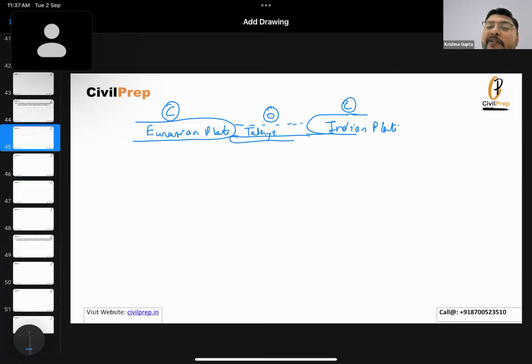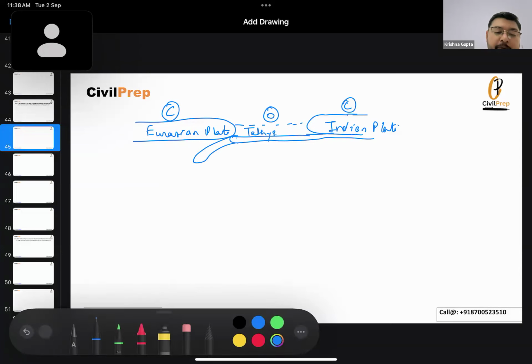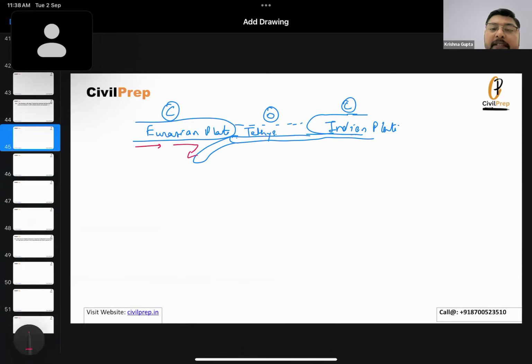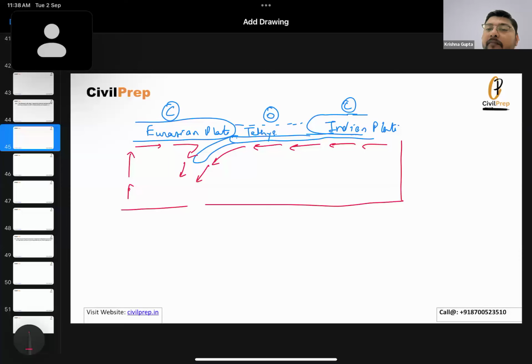This also consists of a plate, and this plate is subducting. The type of motion taking place here is a convergence motion, or a convergence plate boundary, and this is the asthenosphere.